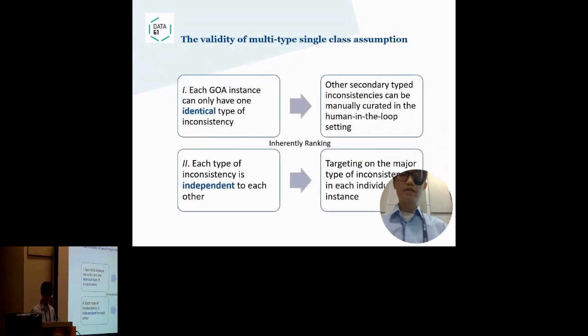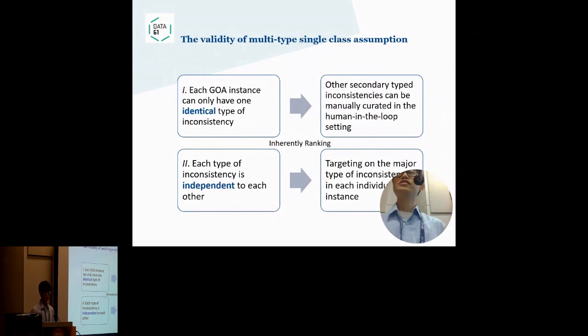And you may speculate that one of the assumptions that we applied here is the multi-type single-class classification setting. It is not the actual case in the GO annotation, because an annotation instance may have more than one type of inconsistency, while this setting assumes that each annotation can have only one type of inconsistency. So this is a very potent speculation, but this assumption is still feasible when it is applied in a real-world application setting, because this framework is designed to satisfy a human-in-the-loop application.